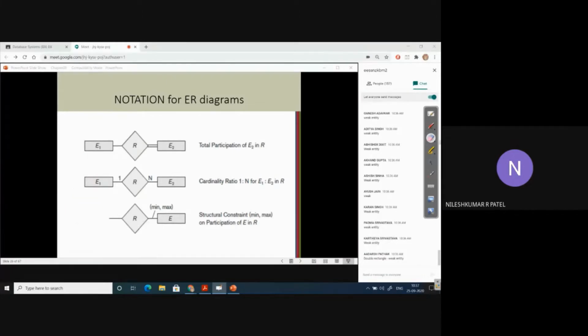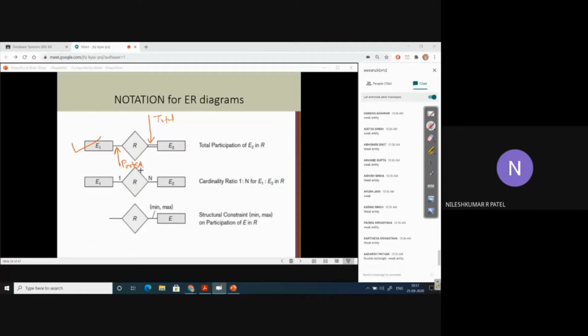So the first symbolic representation is for partial participation. If we have a single line, it is partial participation, and if we have a double connecting line, it is total participation, right? So this represents partial participation, and this is total participation.